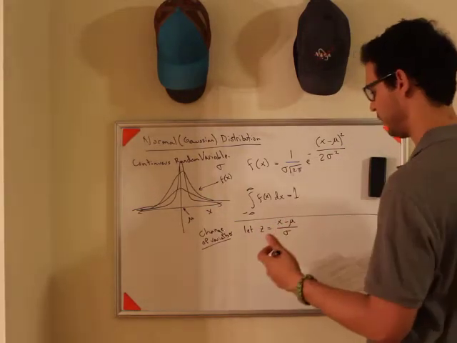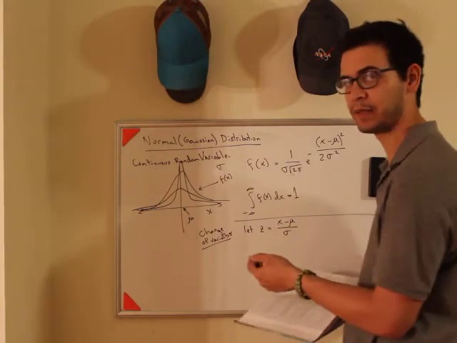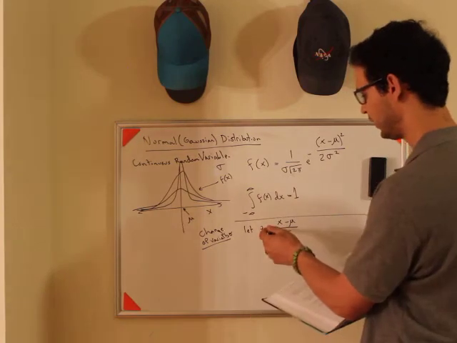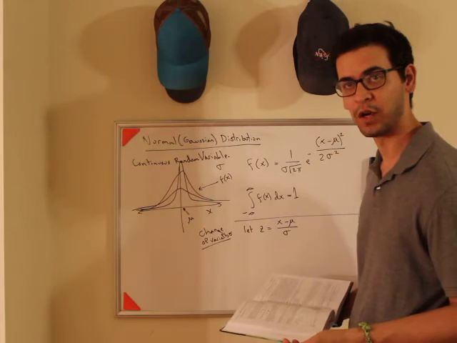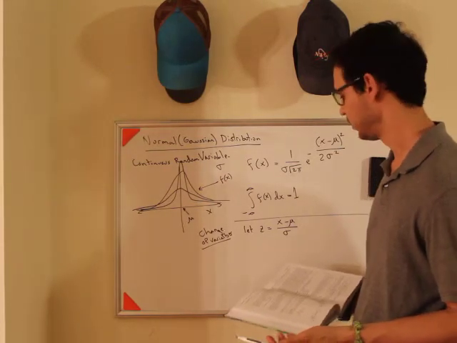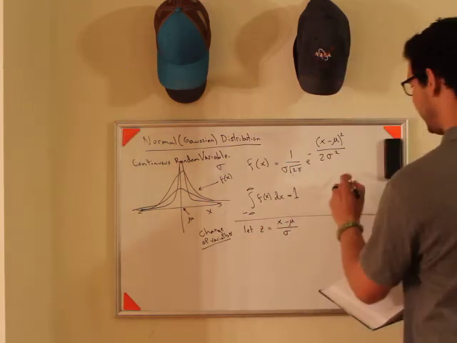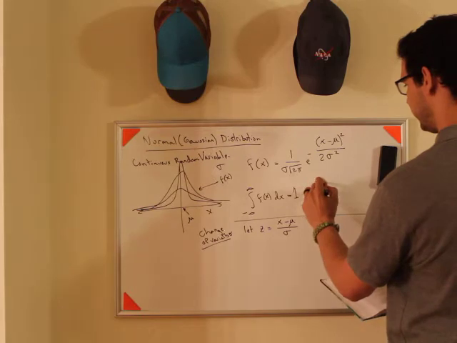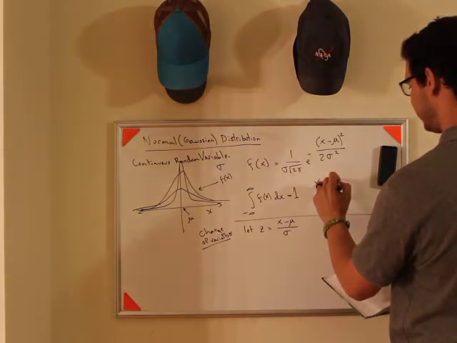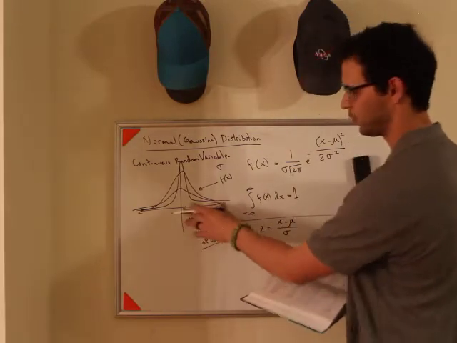The reason they do that is because mu and sigma are constants. Mu is the mean, sigma is the standard deviation. And so z tells you the deviation from the mean, right?